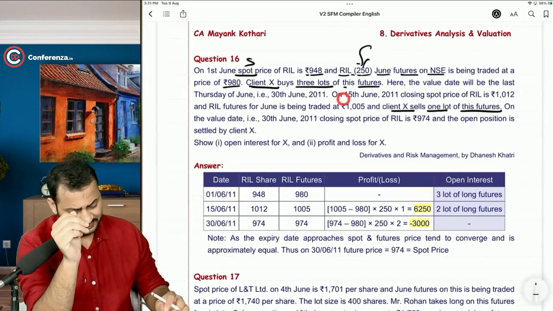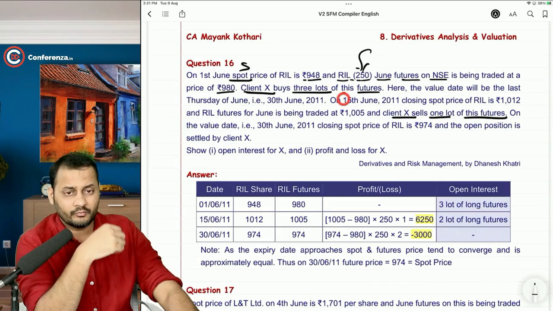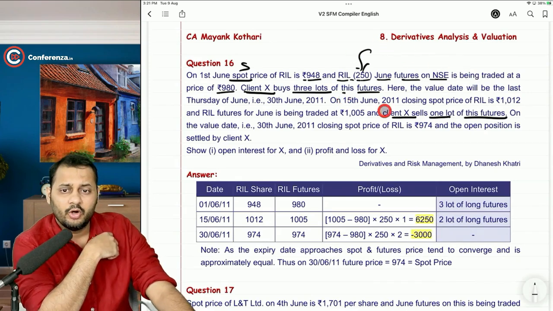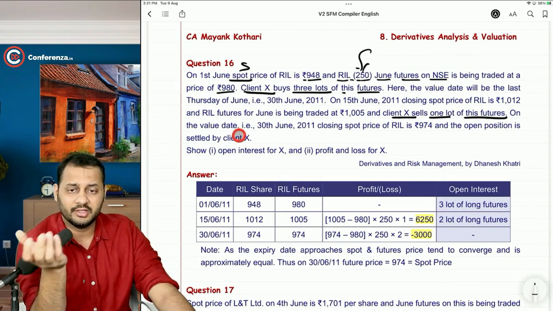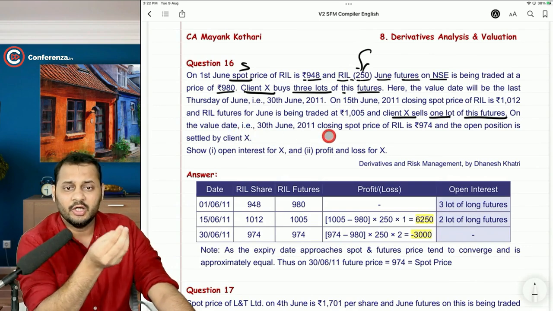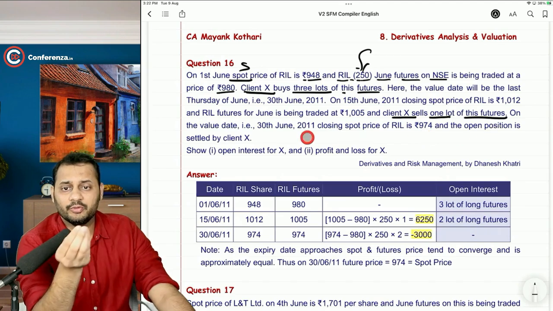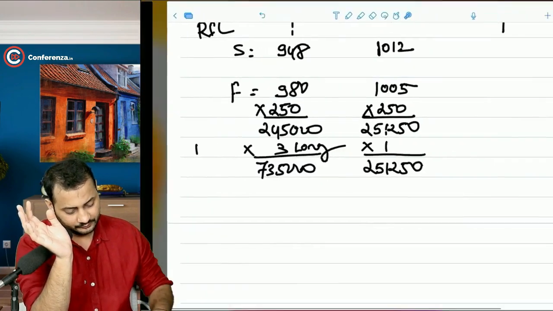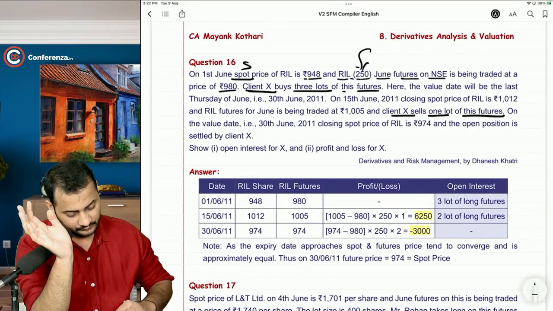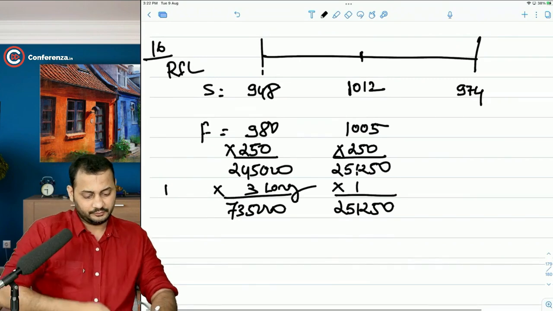Have a look now. On the value date, now we are talking about the closing date. On 30th June 2011, closing spot price of RIL was 974, and the open position is settled by client X. Just look at this price. Understand the logic.